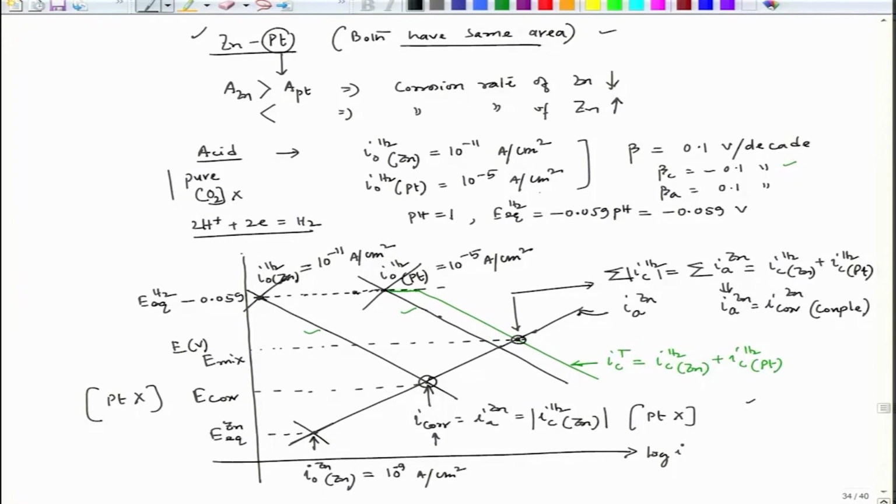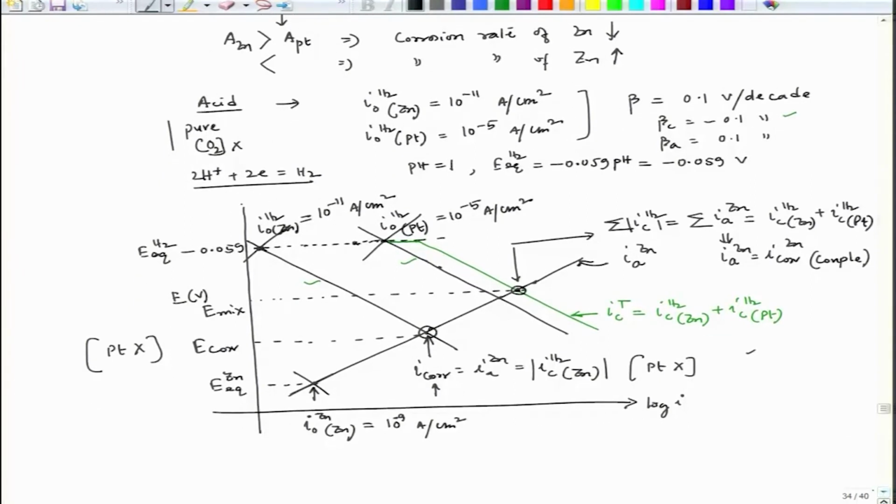So, these are the data that are available. Our solution would be what we need: E mix, we need to find out E corr when platinum is not present, when platinum is present.